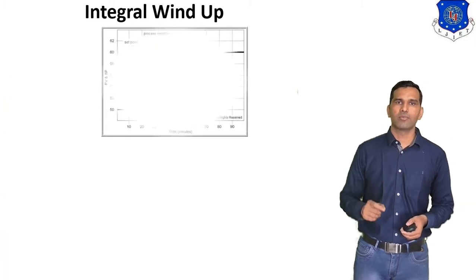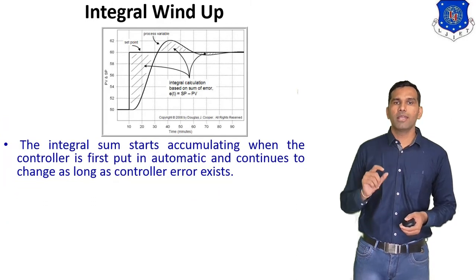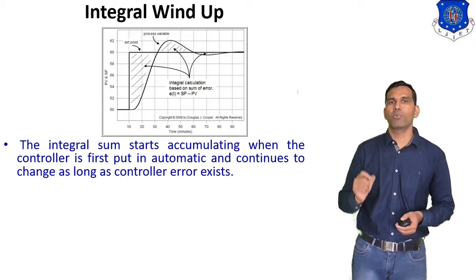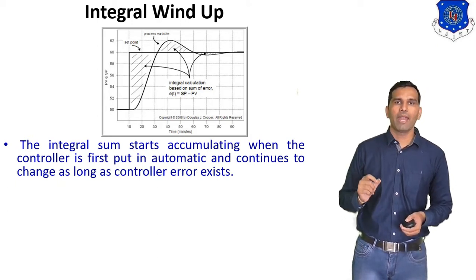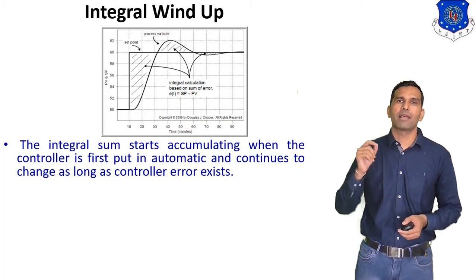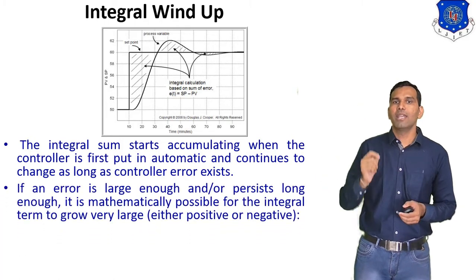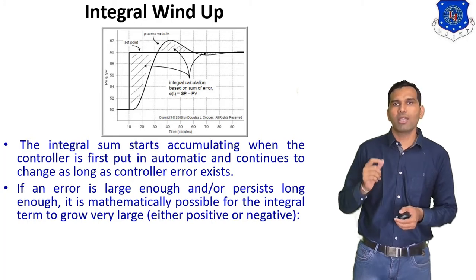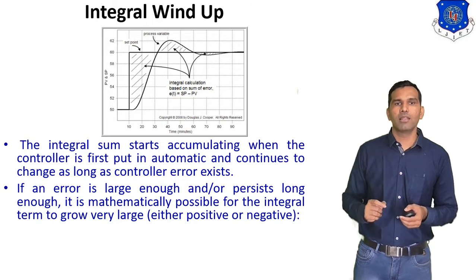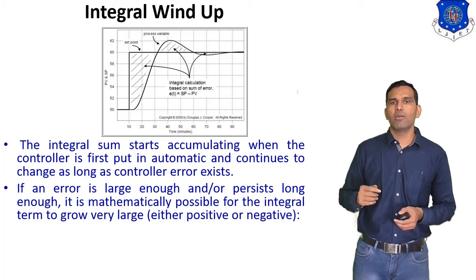Now we understand the effect of integral windup. The integral sum starts accumulating when the controller is first put in automatic and continues to change as long as controller error exists. If the error is large enough and persists long enough, it is mathematically possible for the integral term to grow very large, either positive or negative.